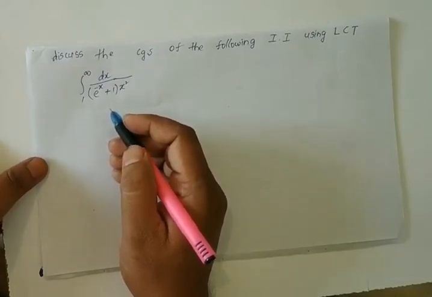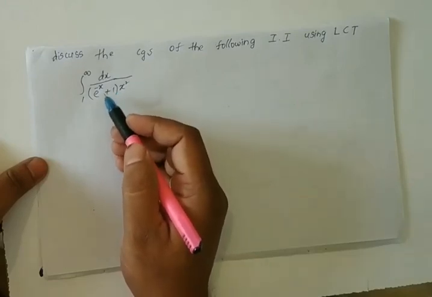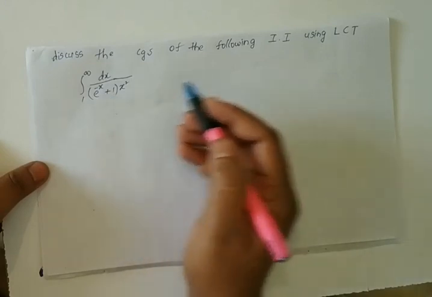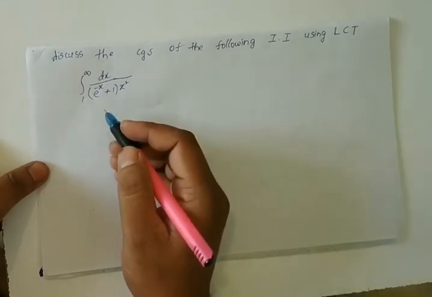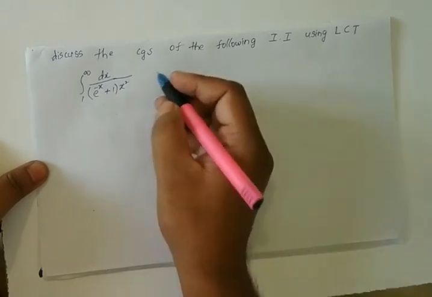Now let us check whether the given improper integral is convergent or divergent by using the limit comparison test. First let us consider the given improper integral as the improper integral of f of x.